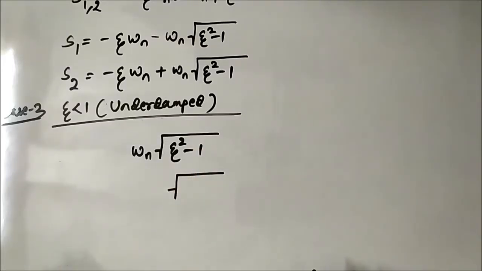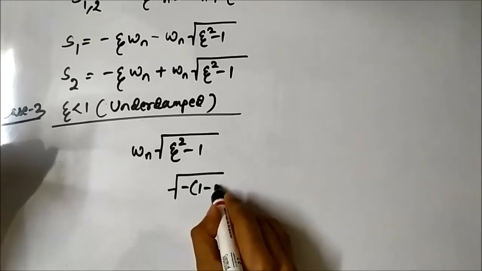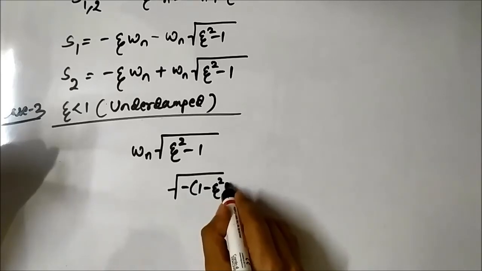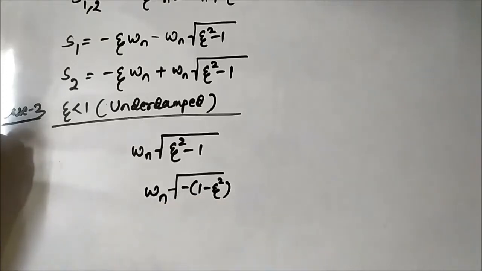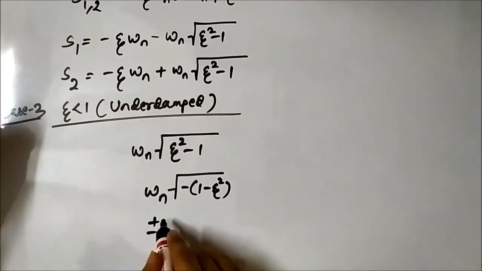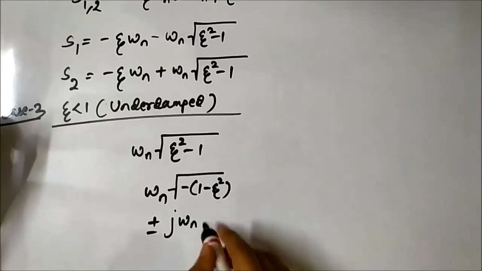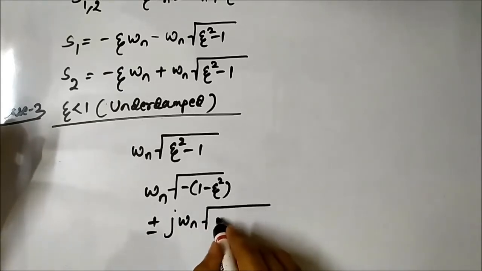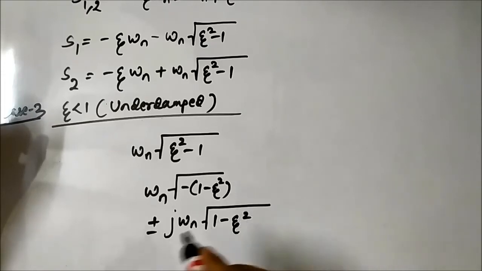So we can write it as minus 1 minus zeta square. So this will become plus minus j omega n into root over of 1 minus zeta square.